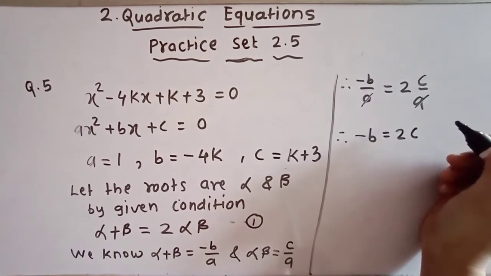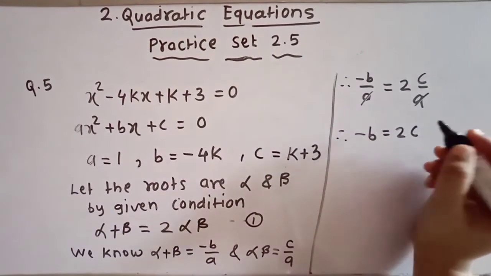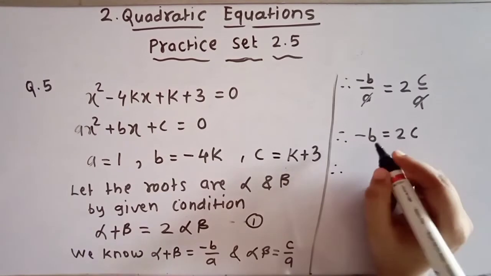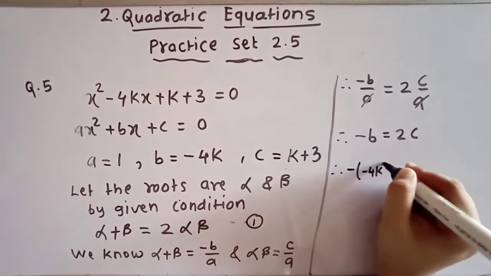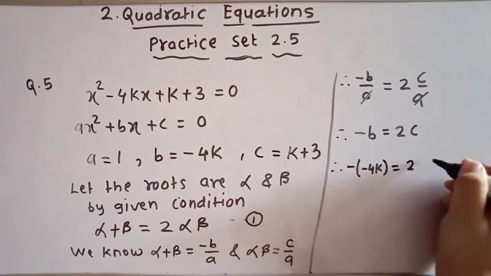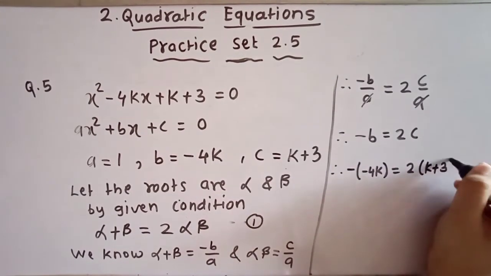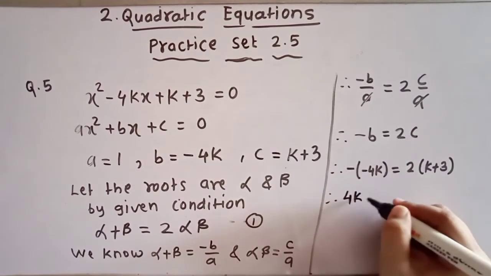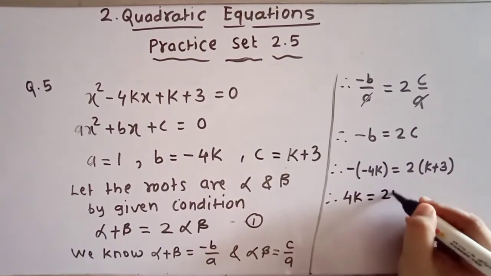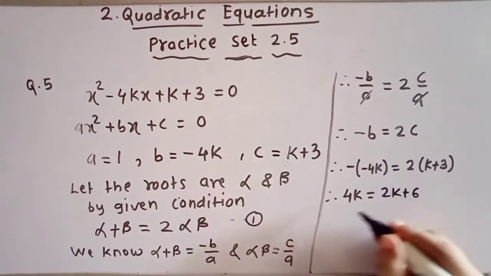Yes or no? Now the value of b is what? Minus 4k. So minus of minus 4k is equal to 2 into k plus 3. Yes or no? Therefore minus into minus plus, 4k is equal to 2k plus 6.